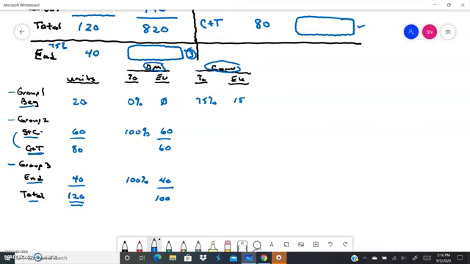Started and completed, we did 100% because we started them and completed them in this period. So we did all of the work this period. So that's the same as 60 equivalent whole units of work. Okay.